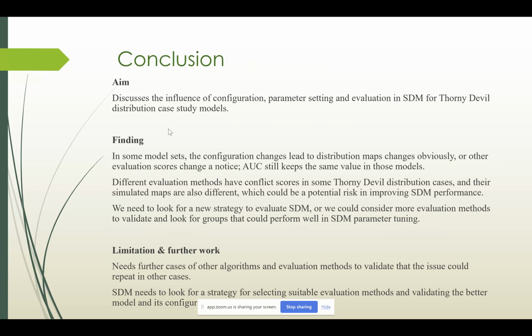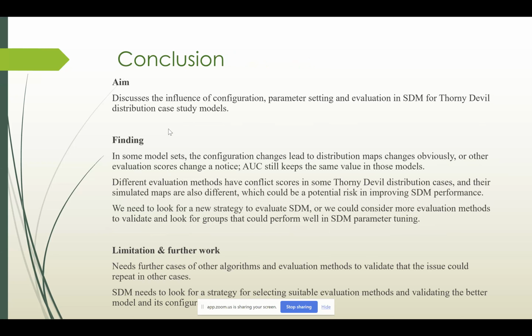So, in conclusion, the aim of this study was to discuss the influence of configurations, parameter settings, and evaluation in SDM for the Sony-Deva distribution case study models. We find that in some model sets the configuration changes lead to obvious changes in distribution maps or other evaluation scores.